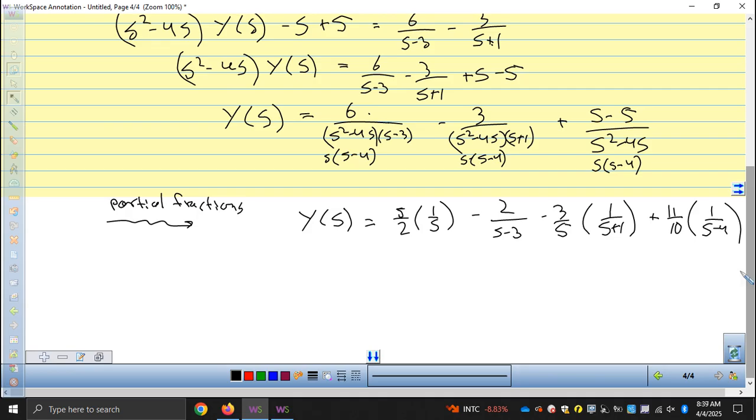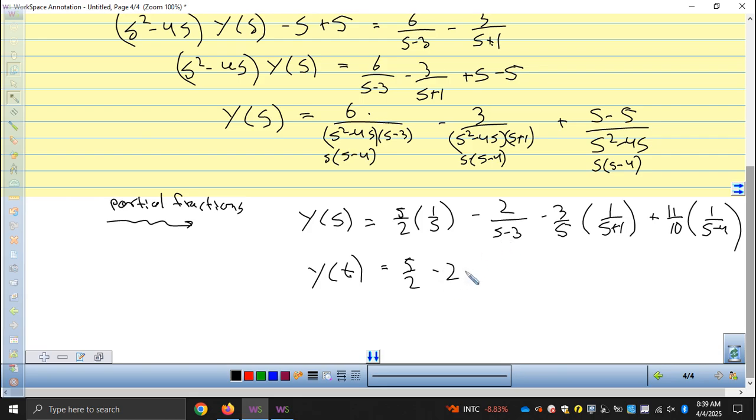And then we apply our inverse transform term by term. And we get y of t. Inverse transform of 1 over s is just 1. So we get 5 halves. Inverse transform of 1 over s minus 3 is e to the 3t.